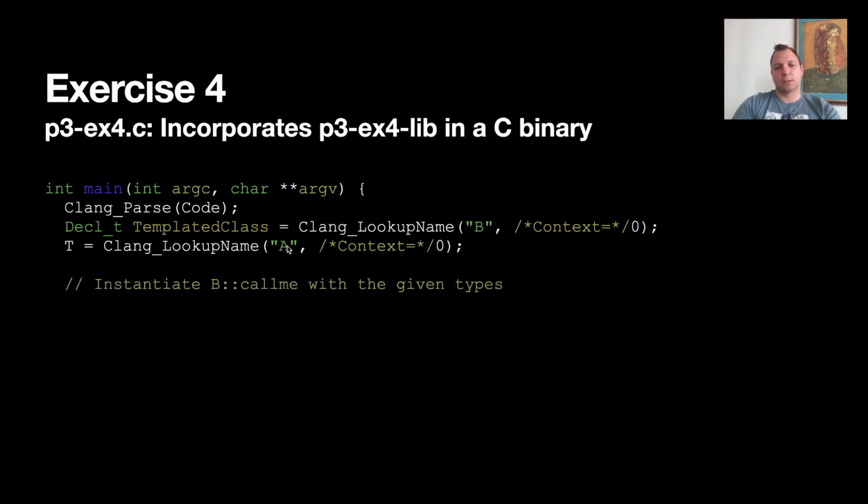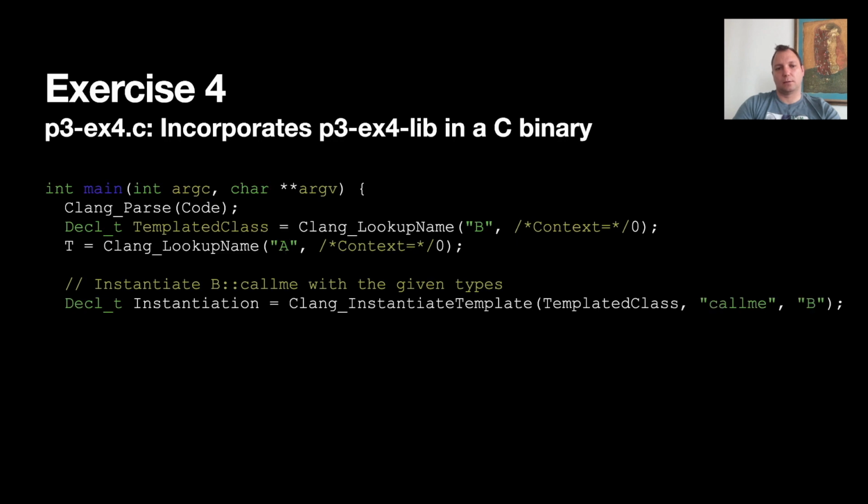Then we do another lookup for T, which is A, so we're going to instantiate the template with class A. Then we say instantiate template of that template class that we just found. The function is called callMe with a type of A; here I probably misspelled it, it must be A.